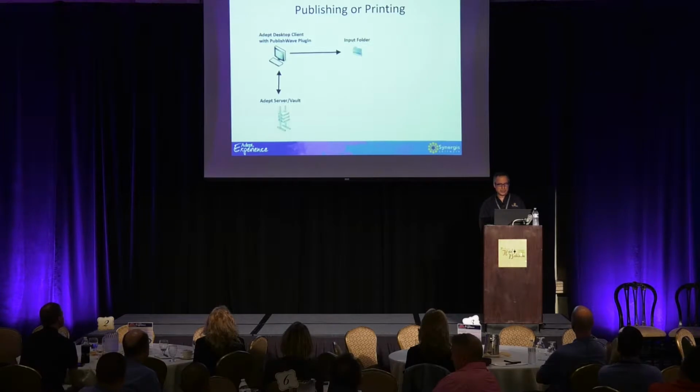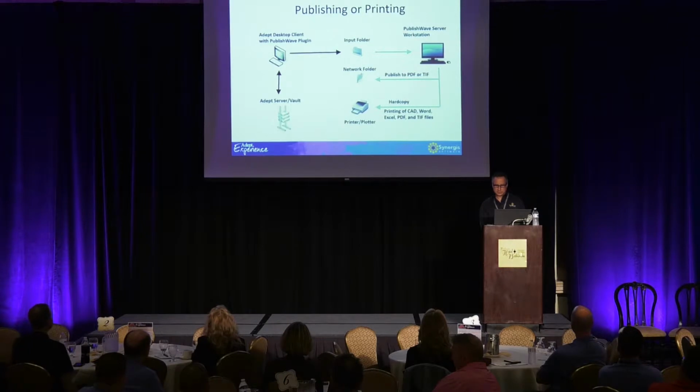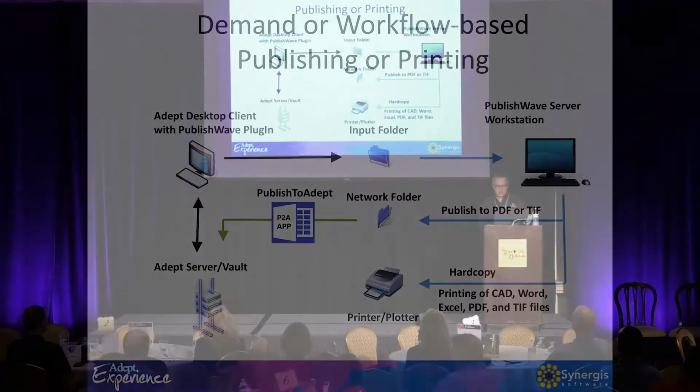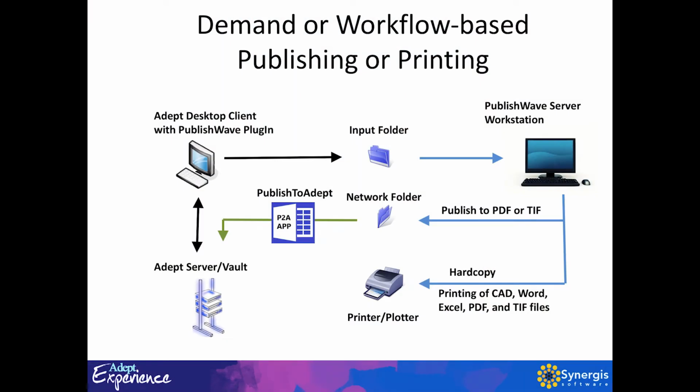And this can go to a specific input folder, and that's configurable. From there, PublishWave is watching one or more of those input folders to process the job and output it to be printed or plotted. Optionally, you can also automatically have files checked back into Adept using PublishWave. That's the Publish to Adept feature.